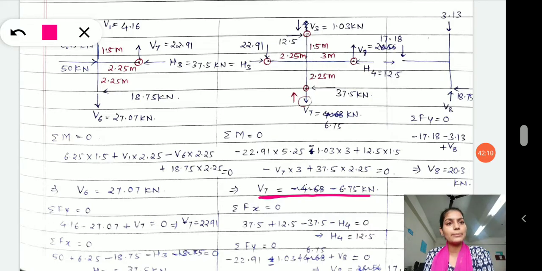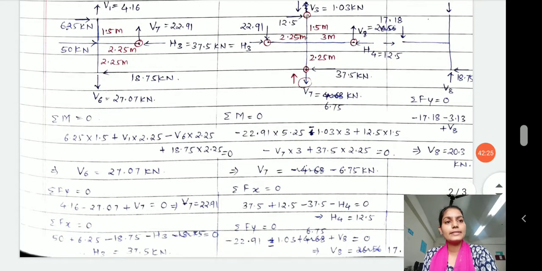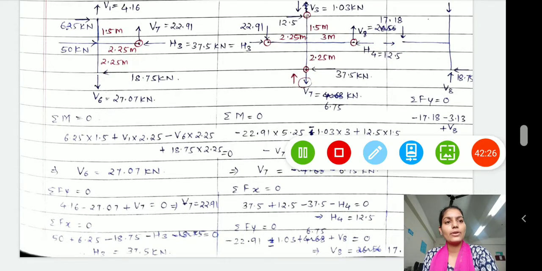Now I am taking a summation of horizontal forces. H3 12.5 positive, H4 37 negative. Add it, you will get H4 12.5. Next is your summation of vertical forces.